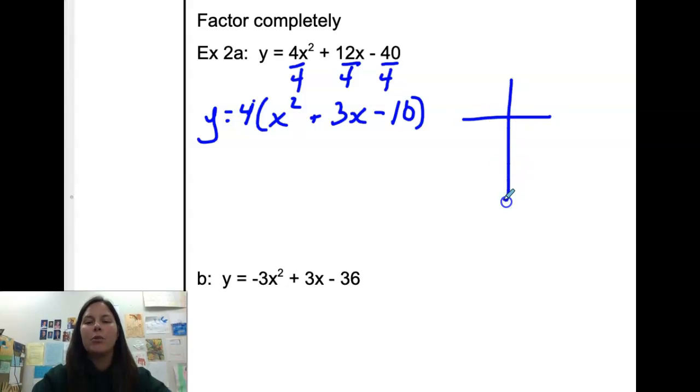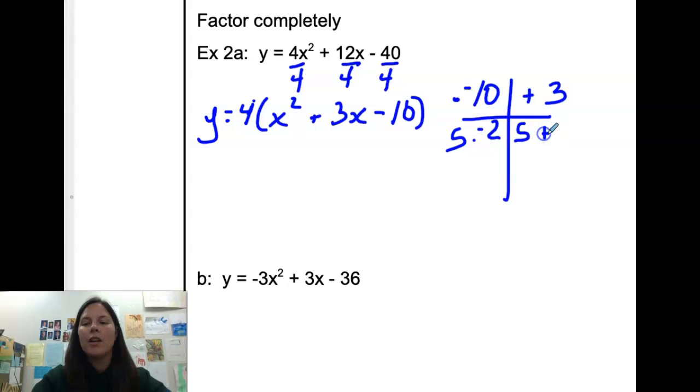Now what's inside the parentheses is ready for the T-chart. We're multiplying to that constant of -10 and adding to that coefficient of x, which is 3. Which numbers do that? Multiplying to a negative, I need one positive, one negative, and since I'm adding to a positive, I need my larger number to be positive.